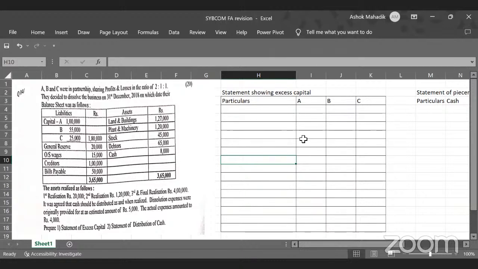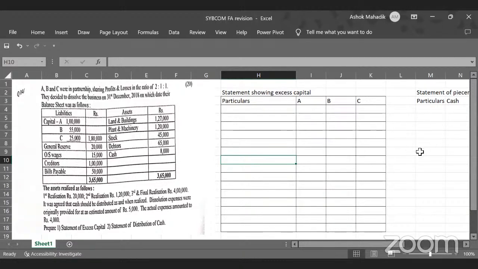These are to be paid first before paying any outsiders. So these are called preferential liabilities. Clear? And after that, if we have any secured loan, it will be paid. And after that, unsecured loan will be paid. And after that, we pay partners loans. And at the end, we pay partners capital.